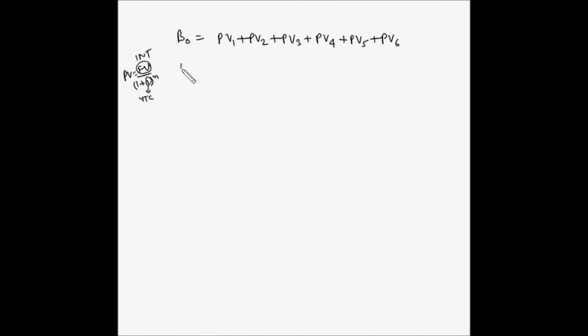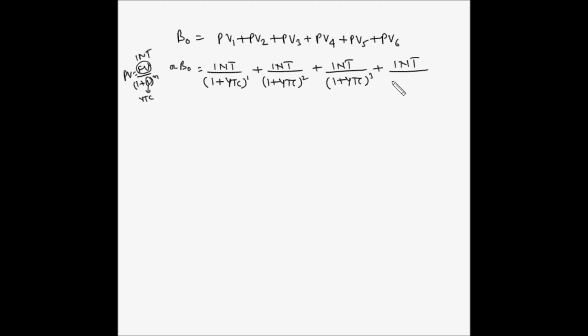So basically B0 is equal to INT divided by (1 plus yield to call) to the power 1, plus INT divided by (1 plus yield to call) square, plus INT divided by (1 plus yield to call) cube, plus INT divided by (1 plus yield to call) to the power 4, plus INT divided by (1 plus yield to call) to the power 5, plus call price divided by (1 plus yield to call) to the power 5.